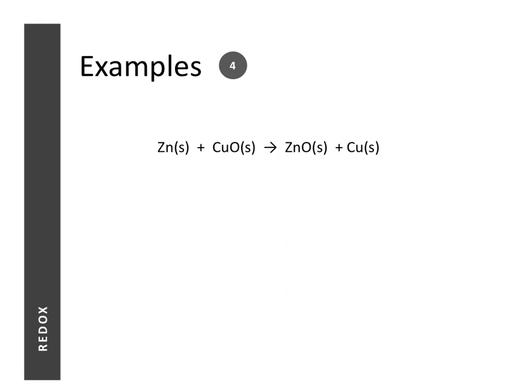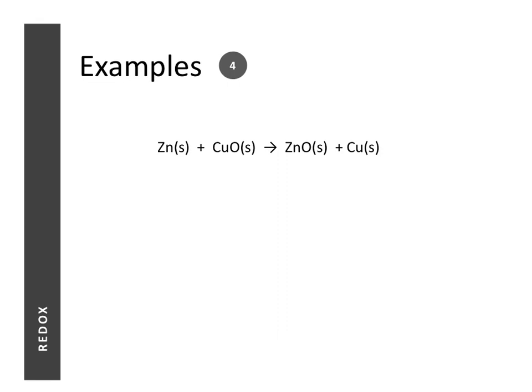So let us try now to identify the substance that is oxidized and the substance that's reduced in this particular example. And we can do it by assigning oxidation states to all the atoms in the reactants and products.